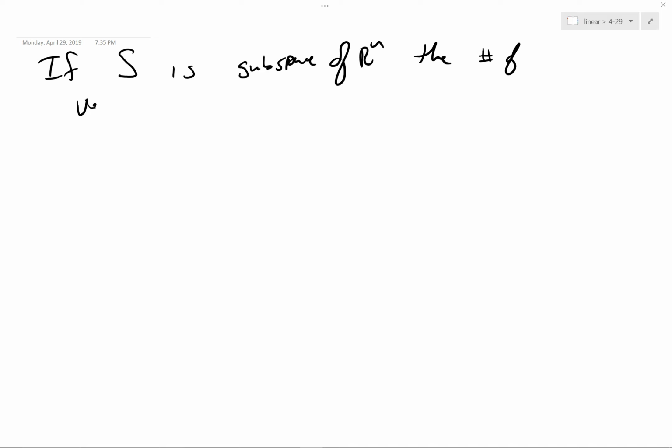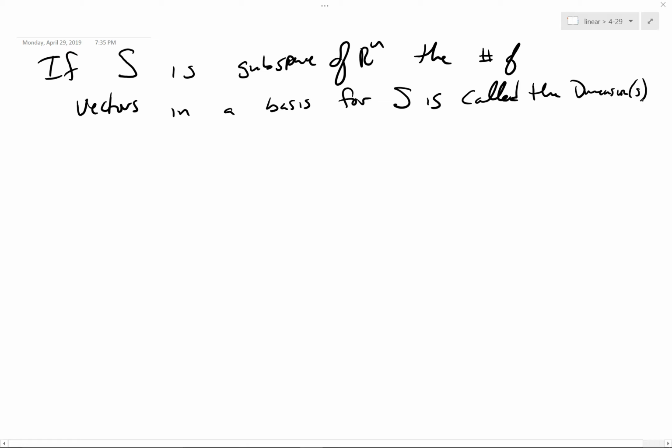Here's a couple of things to think about, and it sums it up a little bit. If S is a subspace of Rn, the number of vectors in a basis for S is called the dimension of S. Okay?